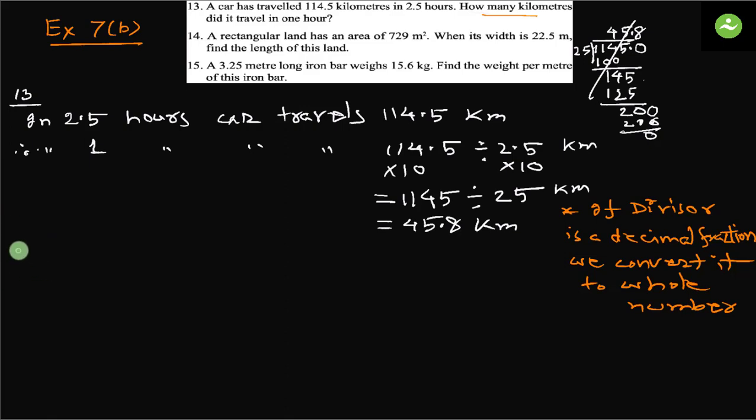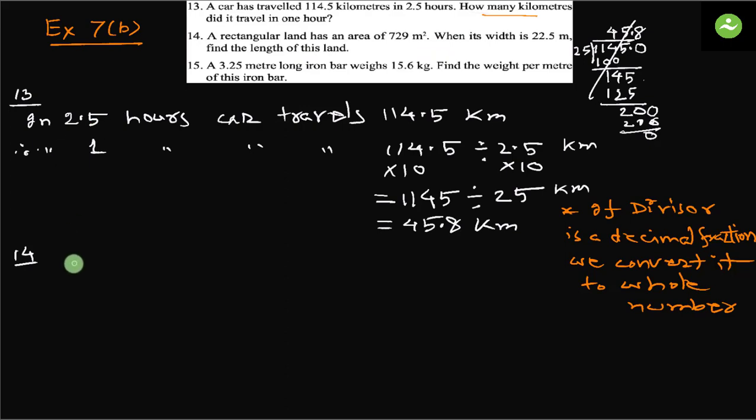Number 14. A rectangular land has an area of 729 square meter. When its width is 22.5 meter, find the length of this land. We know if we divide the area by width, we get the length. And if we divide the area by length, we get the width.